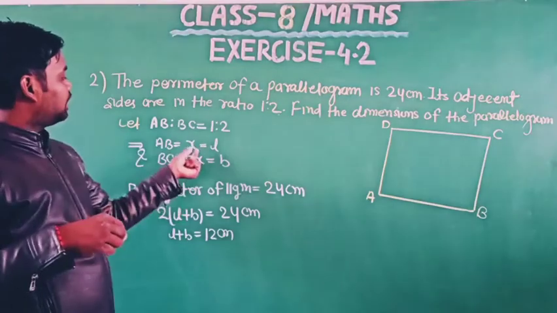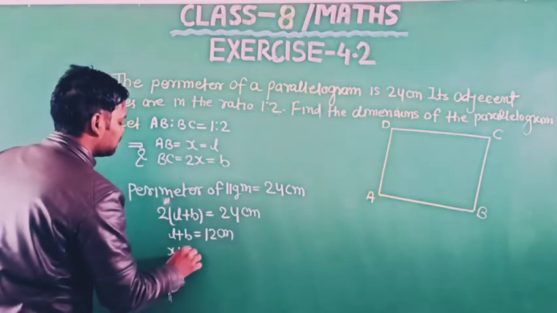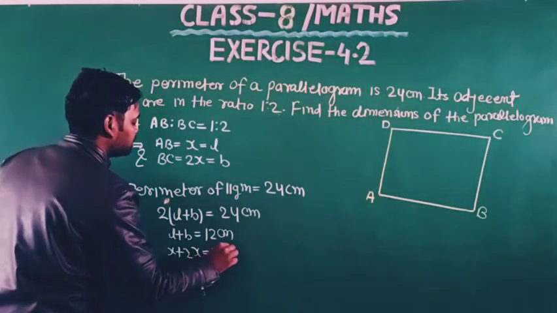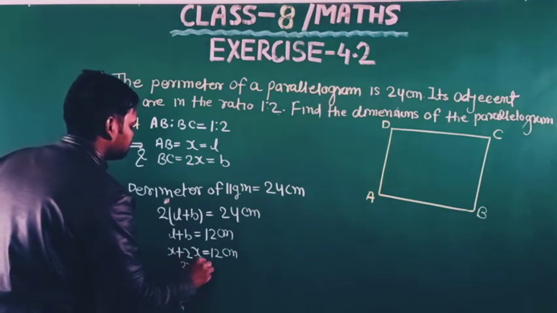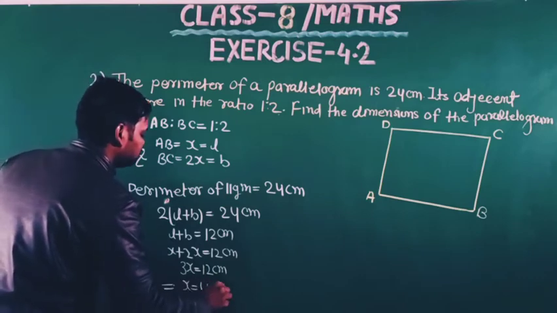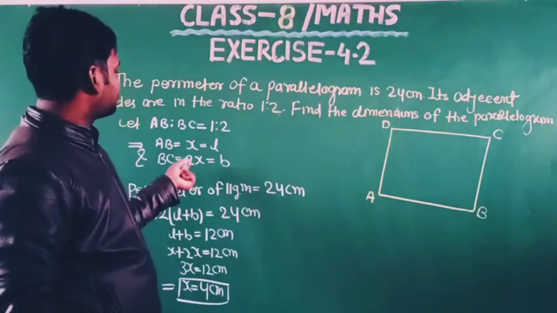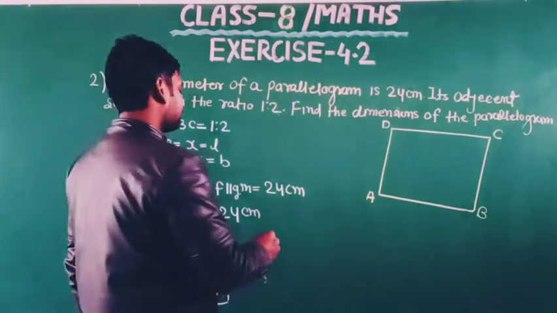Here L is x and B is 2x. So x plus 2x equal to 12 centimeter. x plus 2x is 3x, so 3x equal to 12 centimeter. This implies x equal to 4 centimeter. Now substituting the value of x, we get the adjacent sides.